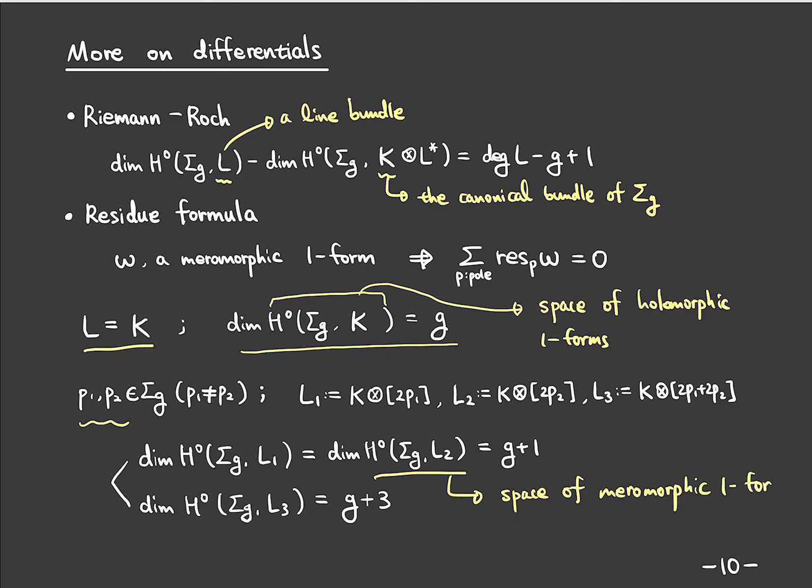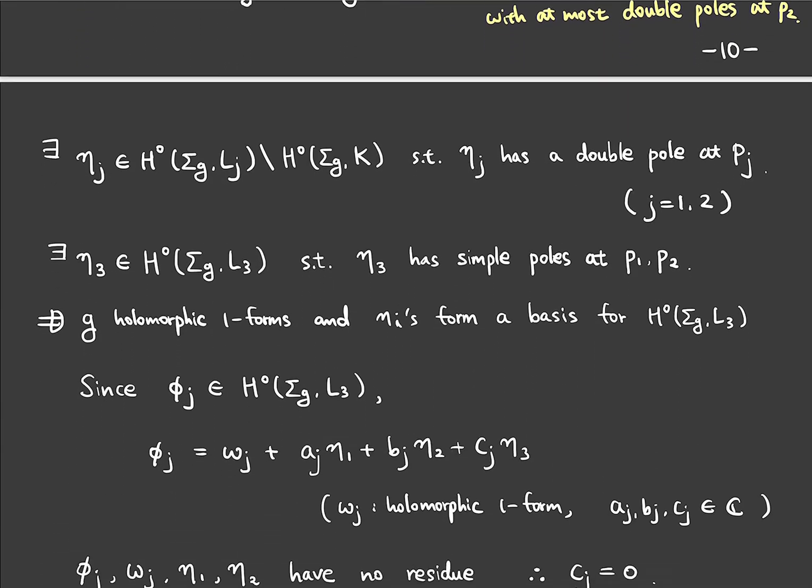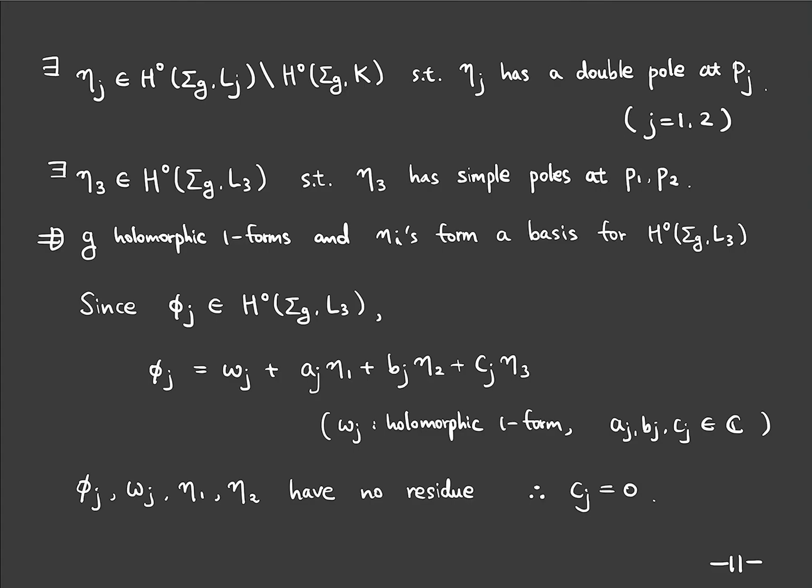with at most double poles at P2. By dimension counting and applying the residue formula, we may choose the following elements: eta 1, eta 2, and eta 3.